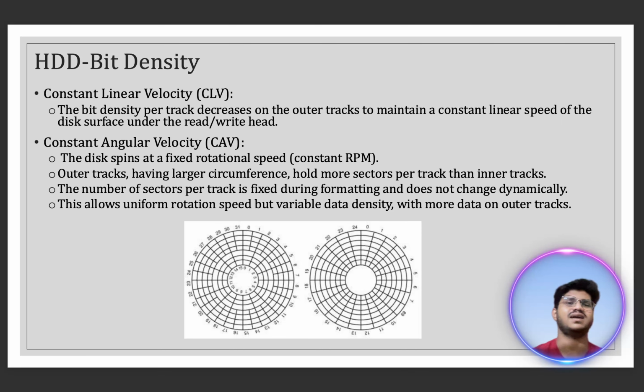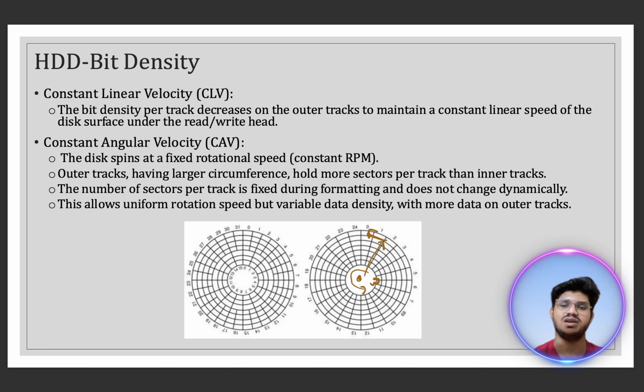About this hard disk bit density, if you know about rotational motion, let's say the disk is rotating at a particular angular velocity, omega. If we go away from the center of the disk, the linear velocity in this part will be higher.